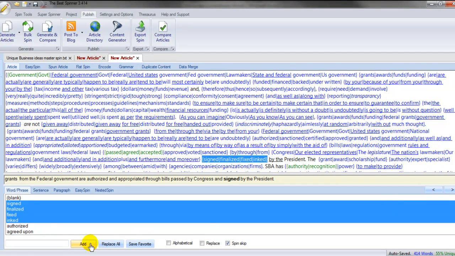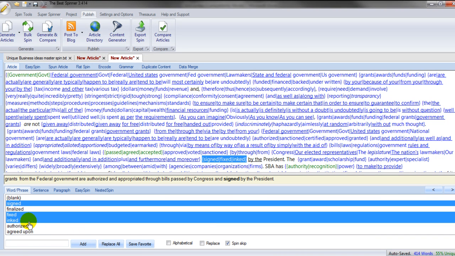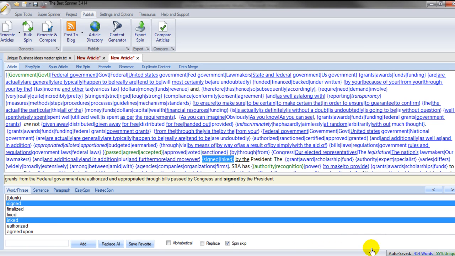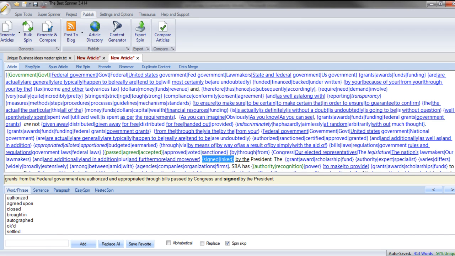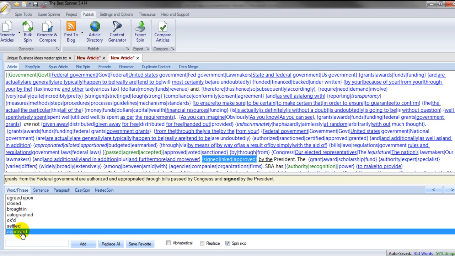Signed, not finalized, inked maybe. Signed, not fixed, inked, or approved, meaning he has to approve. Approval requires signature.